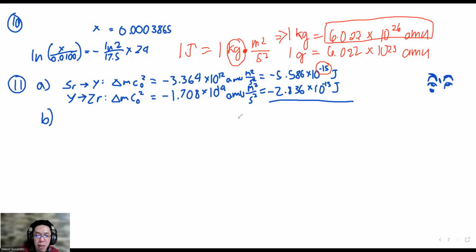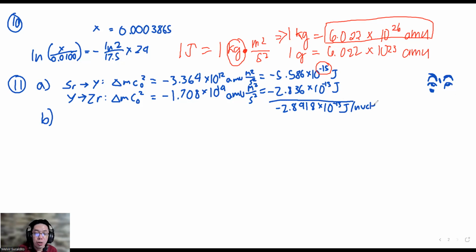Negative 2.891 times 10 to the negative 13 joule per nucleus, correct.